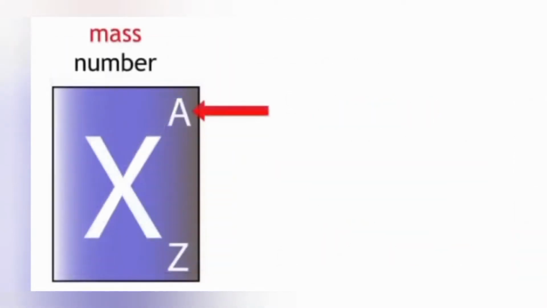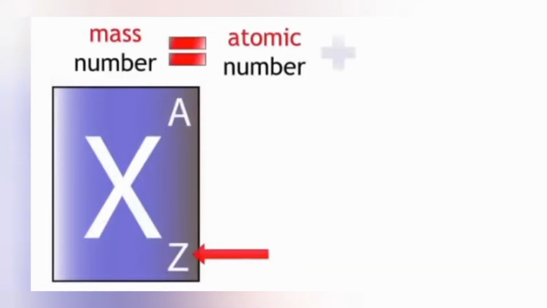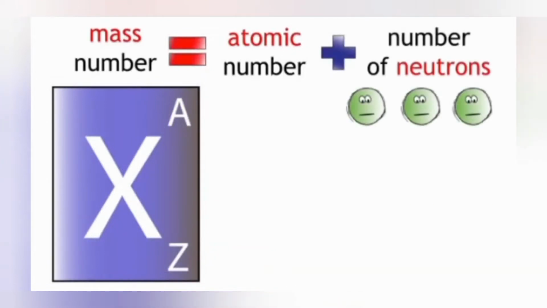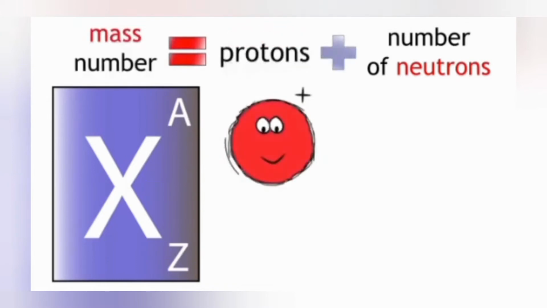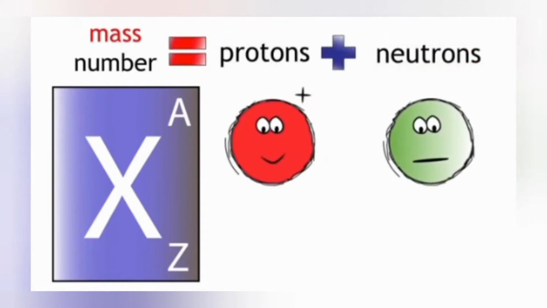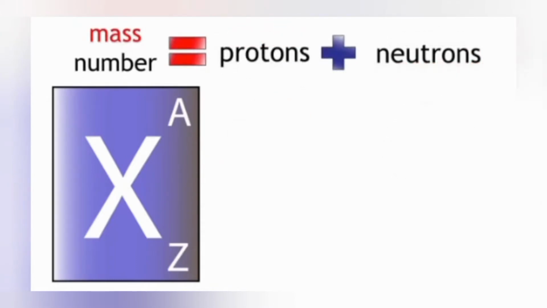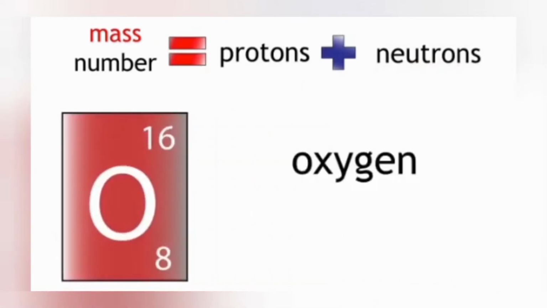So the mass number equals the atomic number plus the number of neutrons. The atomic number is just the number of protons in an atom. Therefore, mass number equals protons plus neutrons. So if we take oxygen, oxygen has a mass number of 16 and has 8 protons.